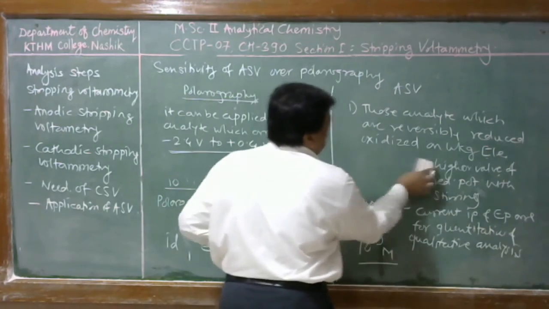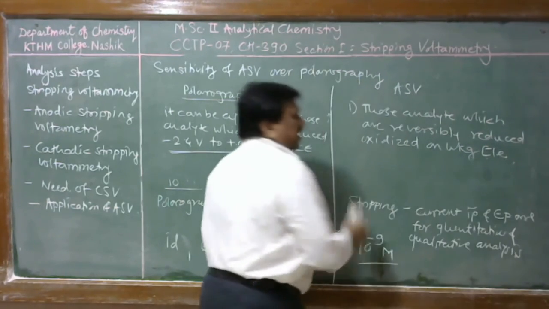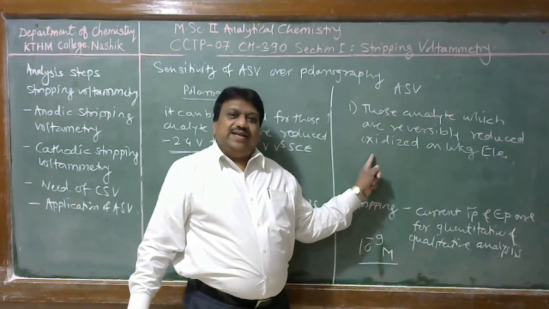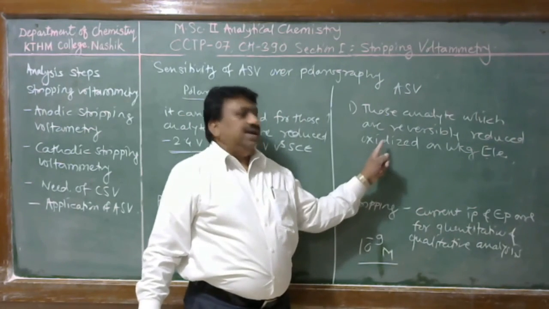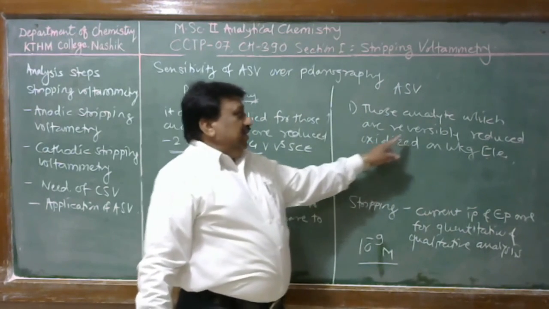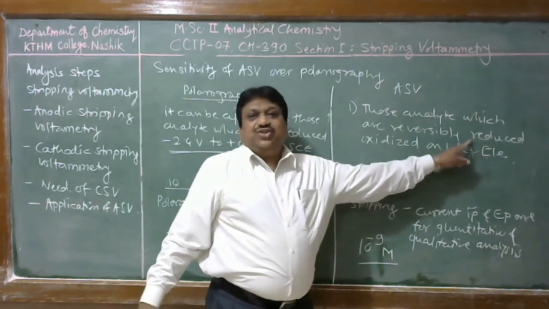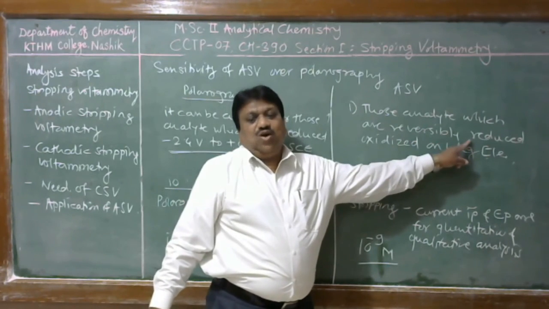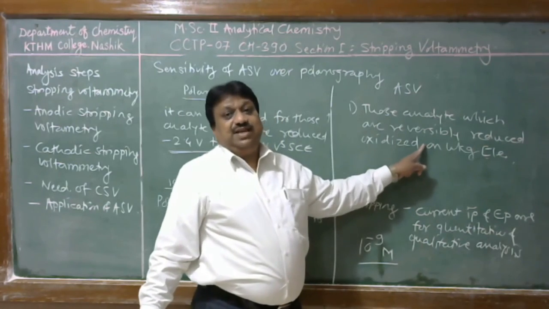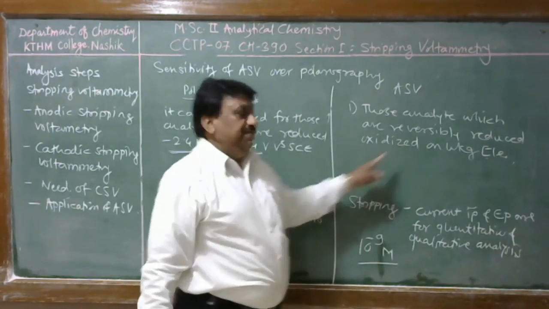Therefore, an analyte which is initially reduced and then oxidized, only that type of analyte is determined by anodic stripping voltammetry. Therefore, here there should be a reversible reaction for the reduction and oxidation process of the analyte. Then we can determine it by anodic stripping voltammetry.